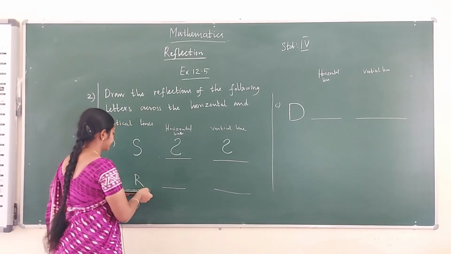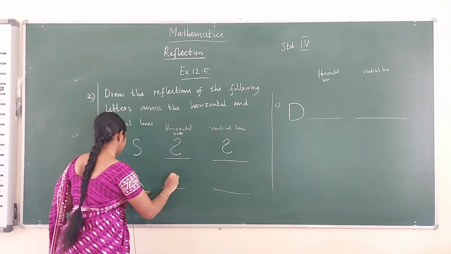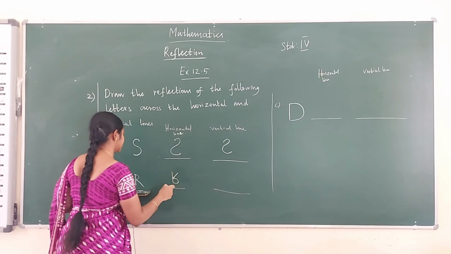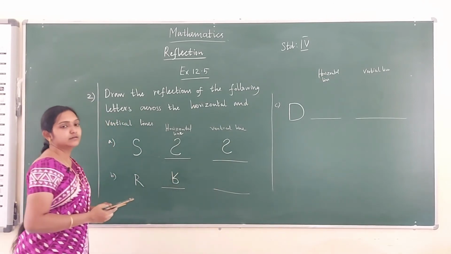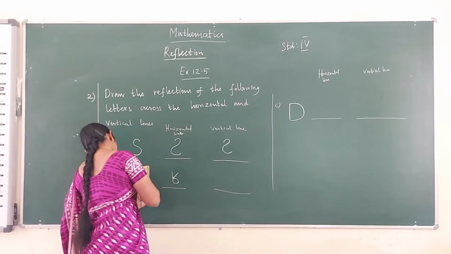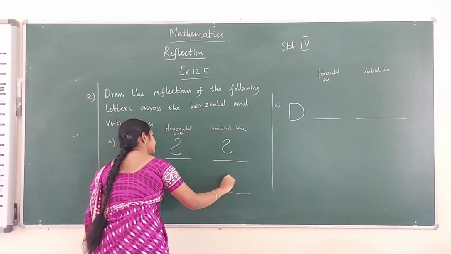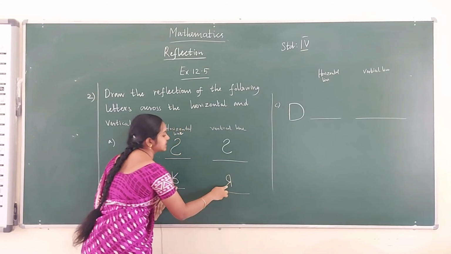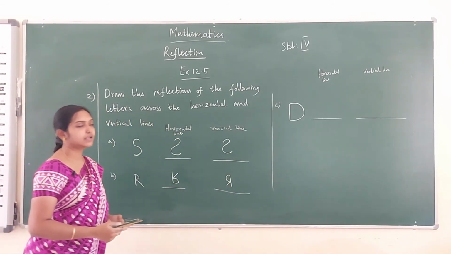Next for the next letter. For horizontal line, the reflection is like this. For vertical line, the reflection is like this.